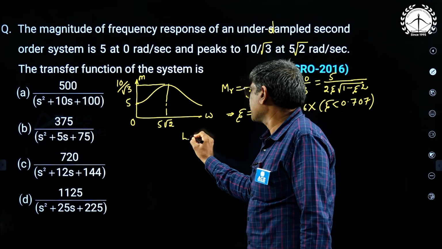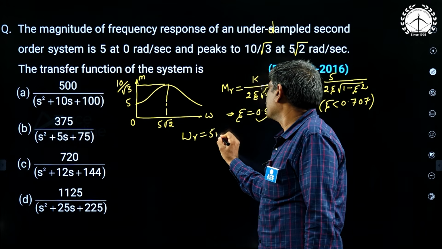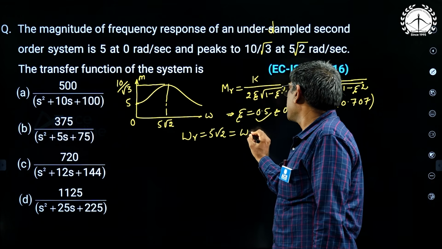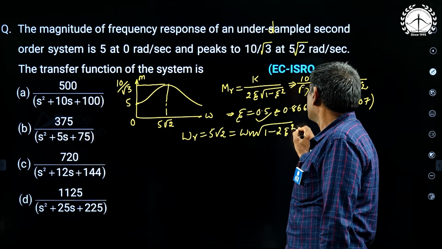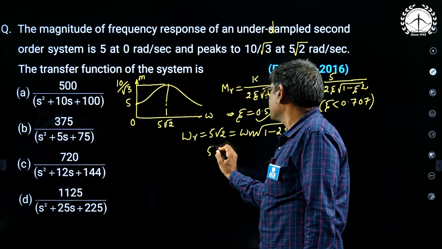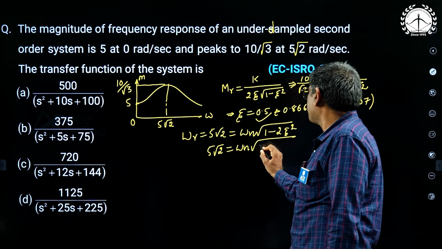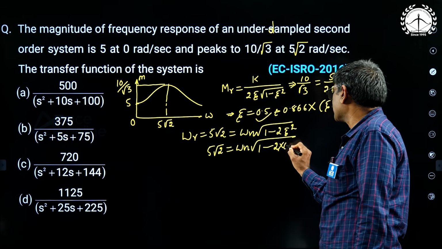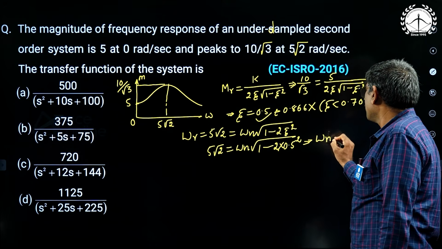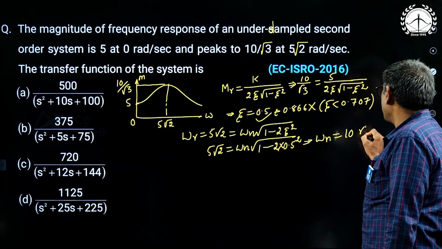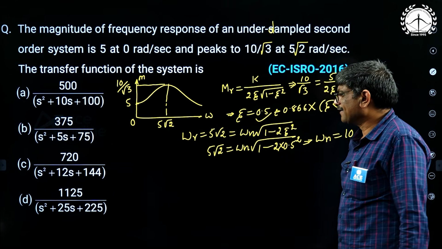Again, given omega R, omega R is 5 root 2 equal to omega n into root of 1 minus 2 zeta square. Then 5 root 2 equal to omega n into root of 1 minus 2 into 0.5 square. You solve this equation, omega n becomes 10 radians per second.